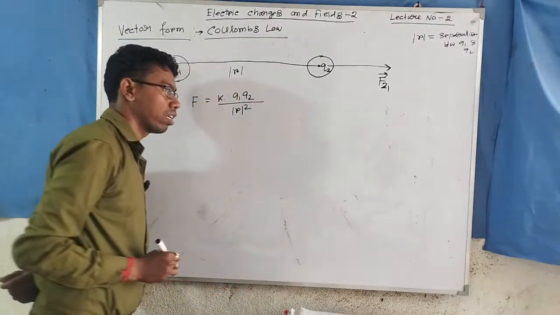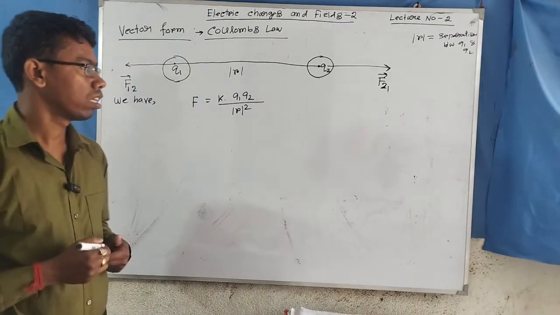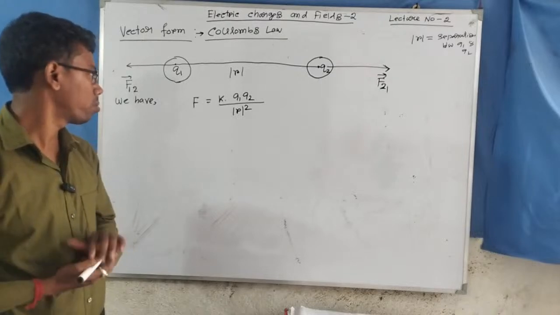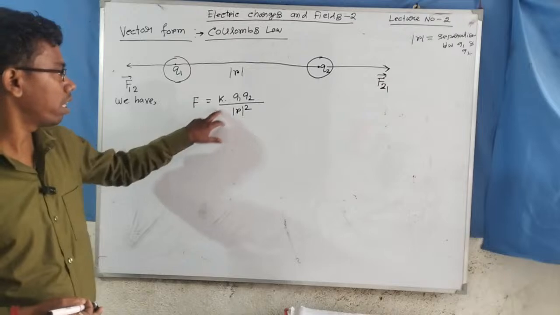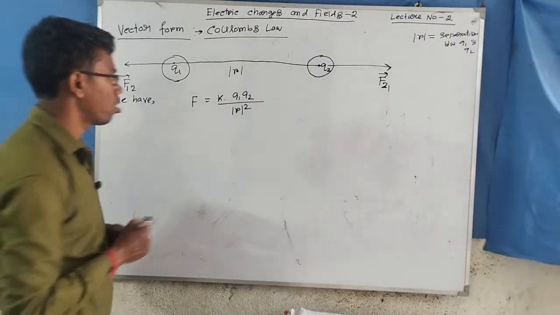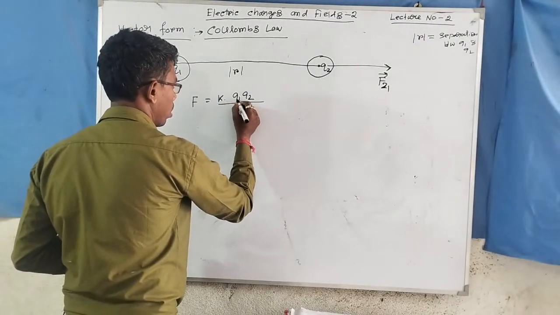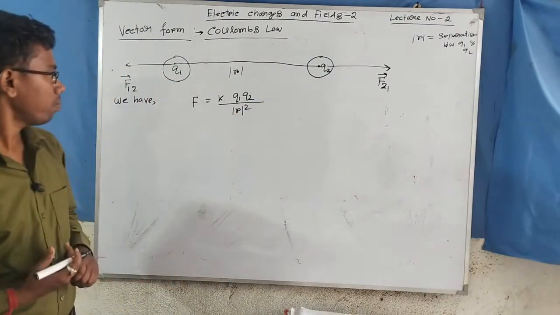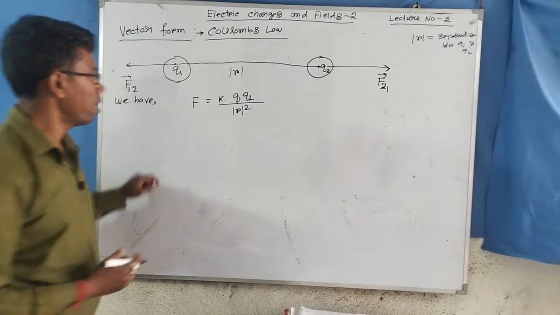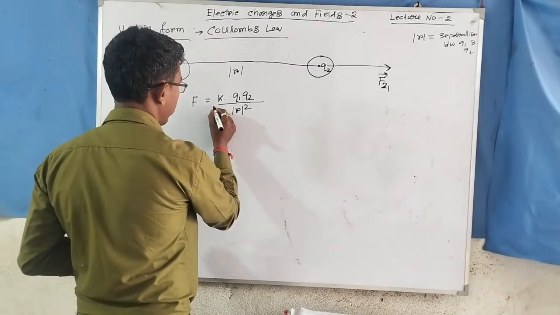This is the force between two charges, attractive or repulsive. Then the force vector equals K Q1 Q2 upon R square, and this is the magnitude.